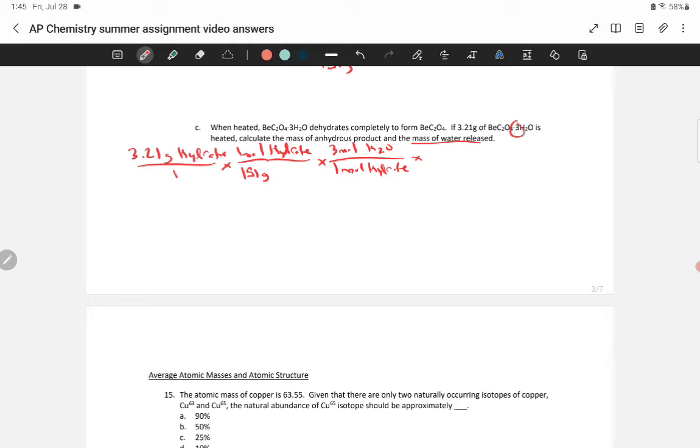I have been requested to get grams. So in 1 mole of water, there's 18 grams of water. So that comes out to be 1.15 grams of H2O that is released.